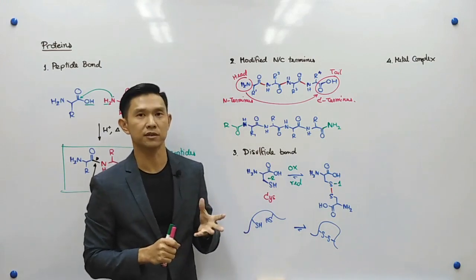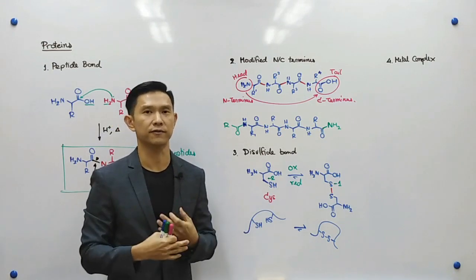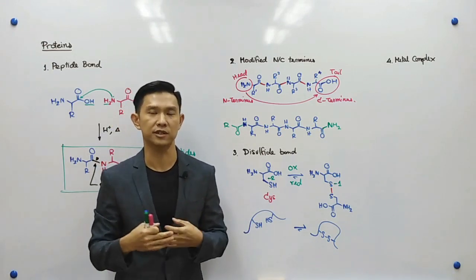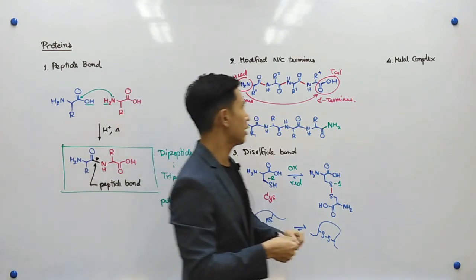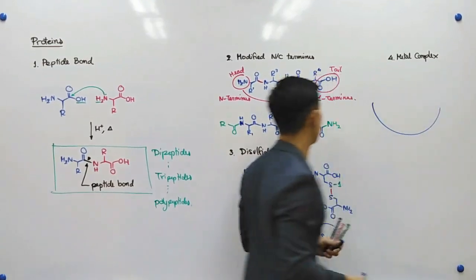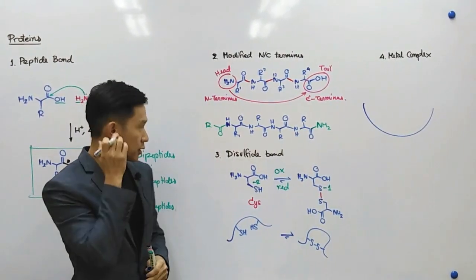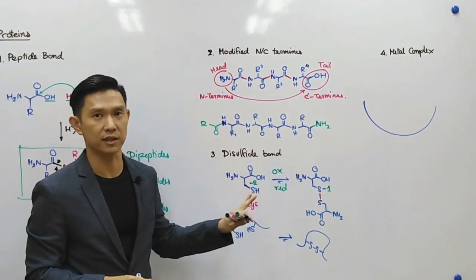In hemoglobin, the iron is captured by the proteins. So there are many kinds of metal ions that are captured in the structure of proteins. The capturing of metal ion normally happens with a nitrogen atom in the protein structure.